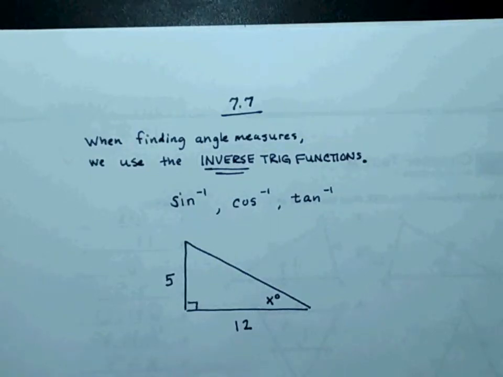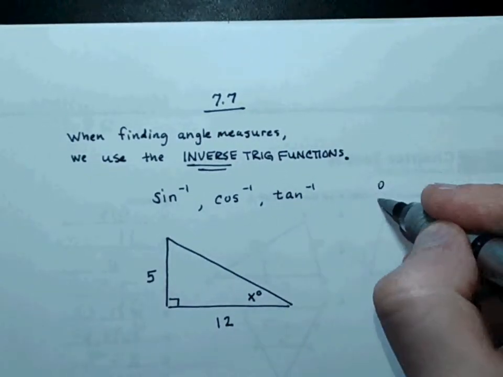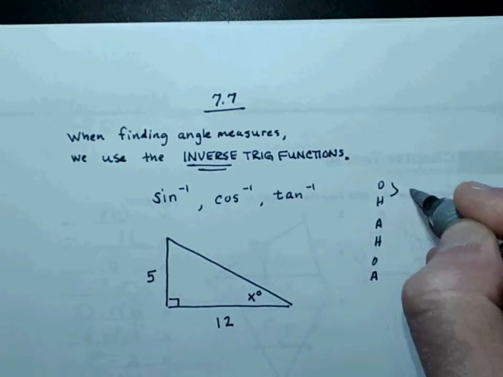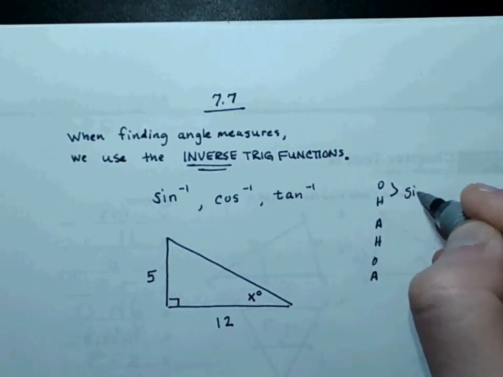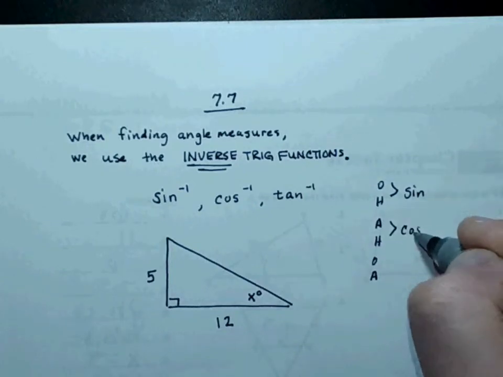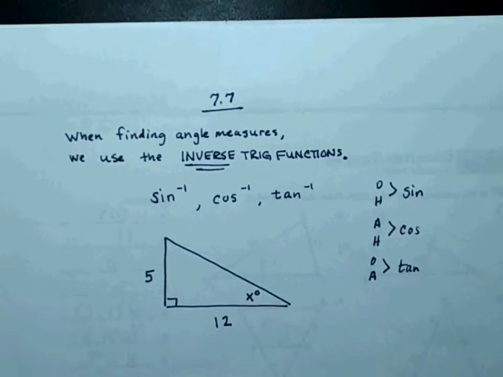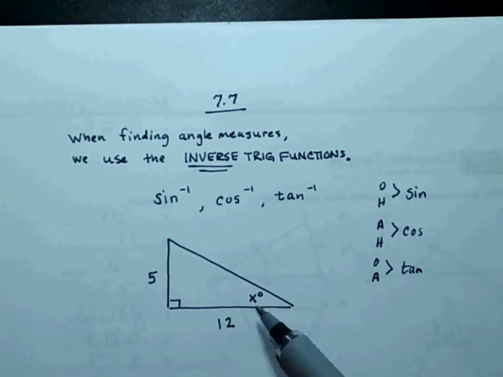Well, let's remember we talked about Oscar had a heap of apples, or SOHCAHTOA if you want to use that one. Sine, cosine, tangent. We're going to look at our angle that we're trying to find, and we're going to ask ourselves the same questions we did in 7.5 and 7.6.